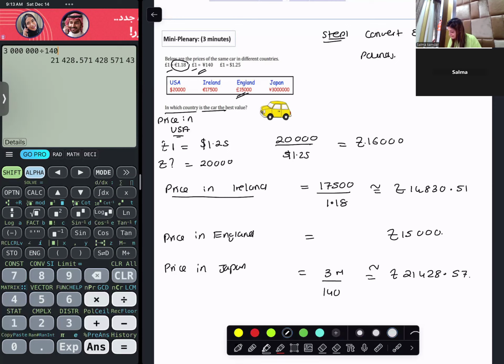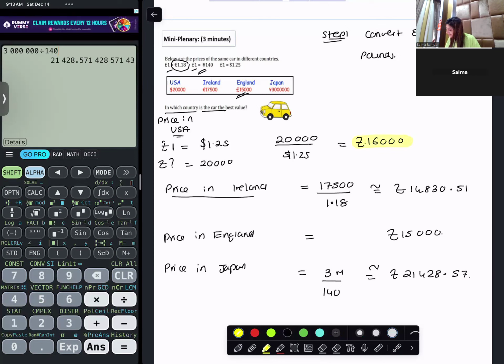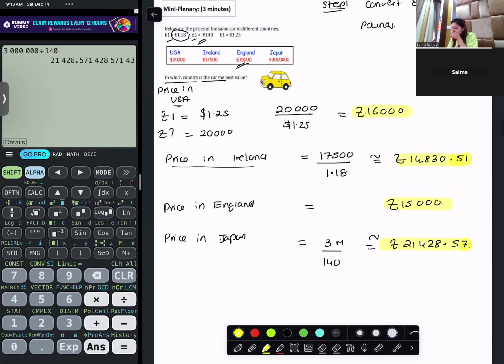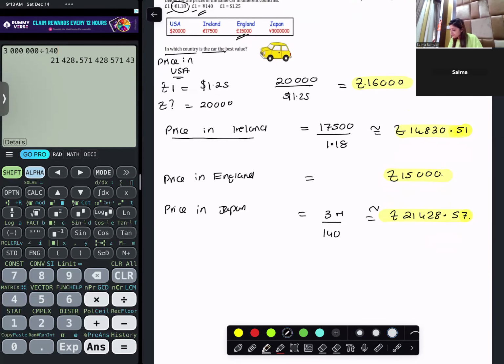So I have the prices in USA 16,000 and Ireland 14,830. In England it is 15,000 and in Japan it is 21,428. So in which country does the car have its best value? I would say the car is best valued in Ireland.